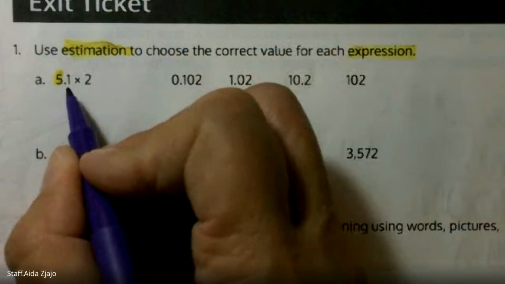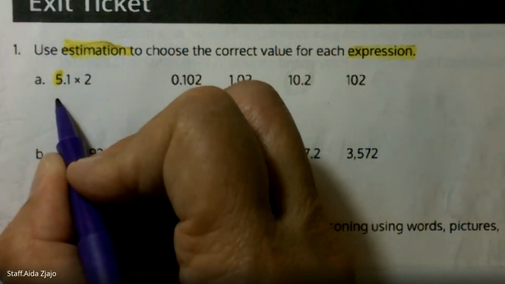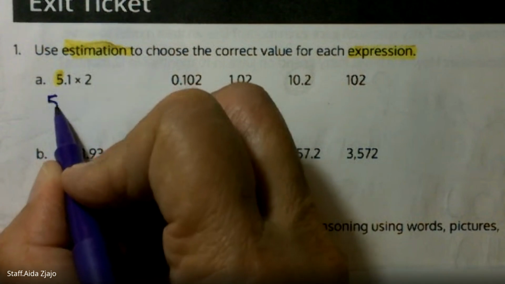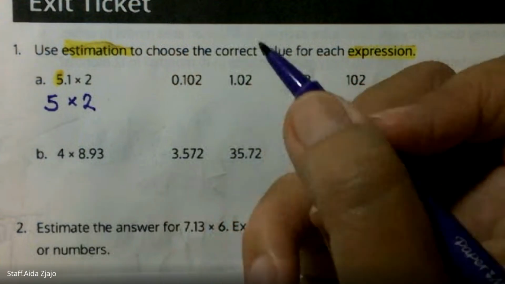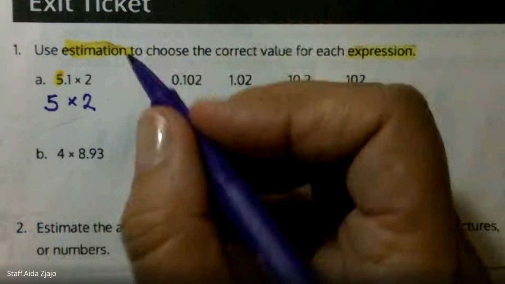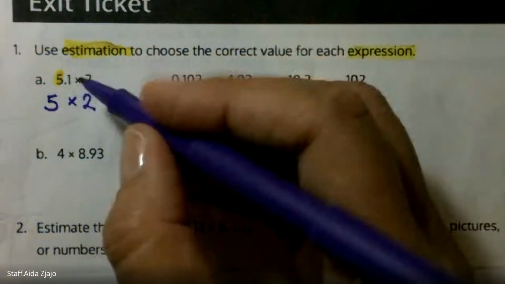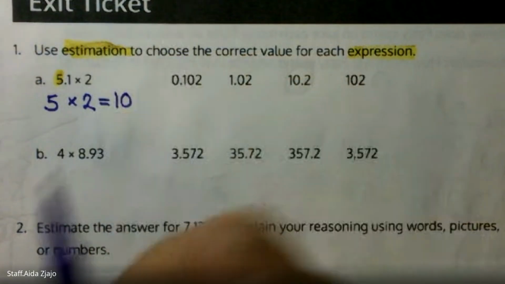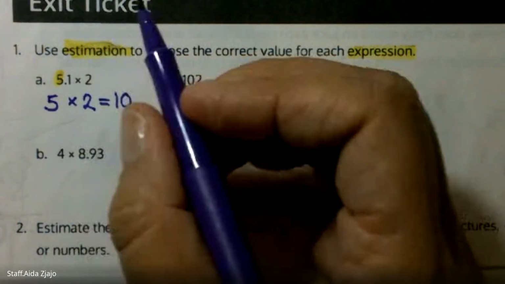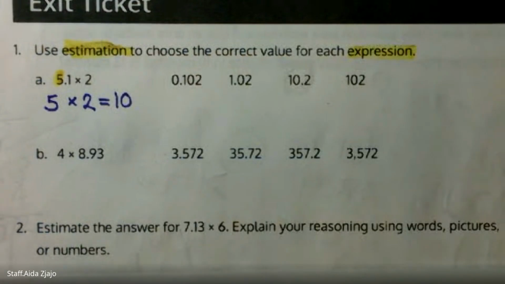So the only thing I could say is that I have about $5 times 2. So 5 times 2 is 10. So my answer has to be about 10. So my estimation is about 10.